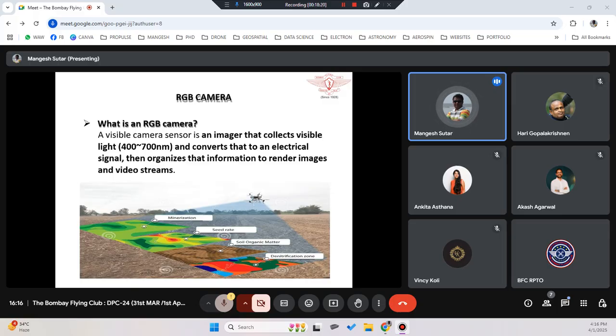So we are trying to work on flying the drone, because otherwise you are taking a random sample from one particular place of your land, and your soil may not be uniform across the land. So you will not be able to find the real issue in your soil.